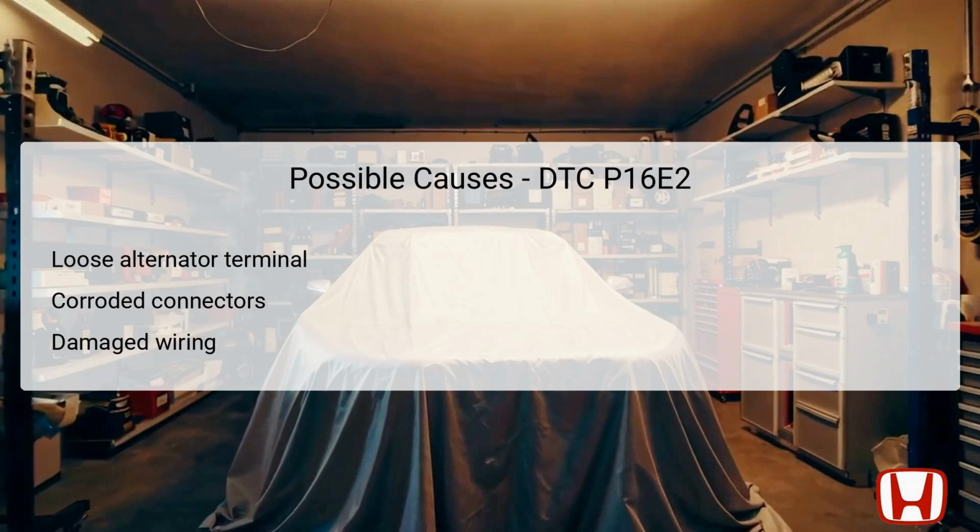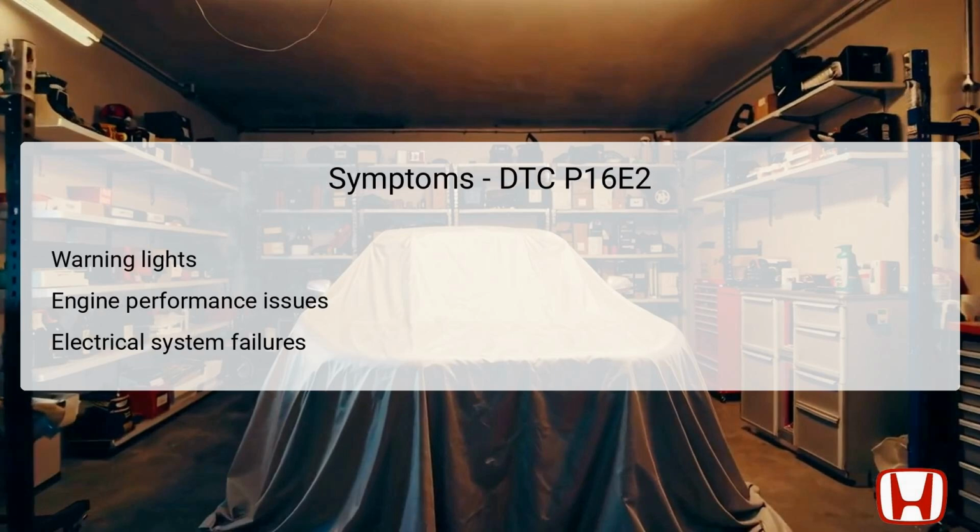When DTC P16E2 is indicated, several symptoms may manifest in the vehicle's operation. Commonly observed are warning lights on the dashboard, such as the check engine light, alerting the driver to potential issues that need addressing.